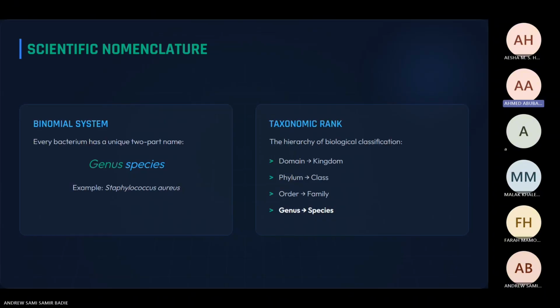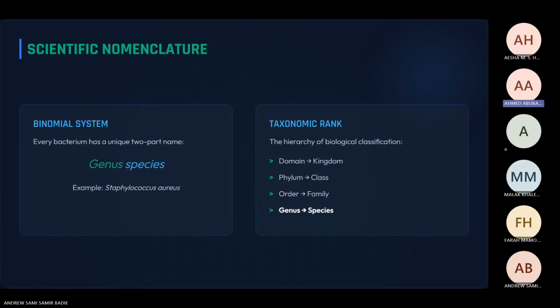For example, in Staphylococcus aureus, Staphylococcus is the genus, while aureus is the species. Now, there is a whole big ranking of organisms: domains, kingdoms, phyla, classes, orders, families, genus, species. But for clinical purposes, we just focus on the genus and the species.